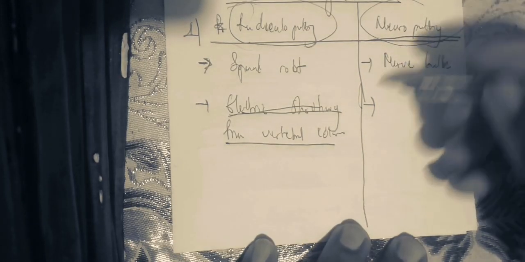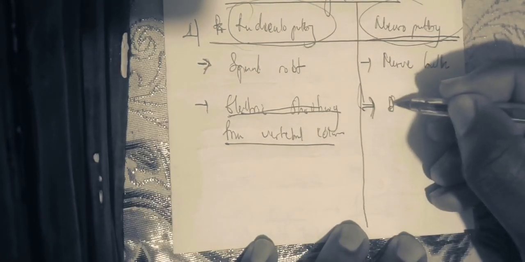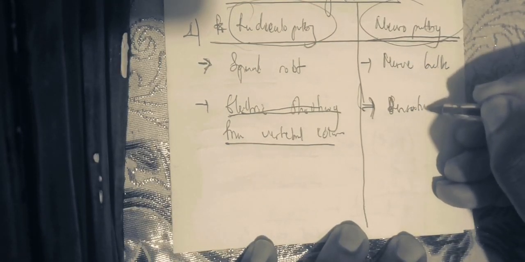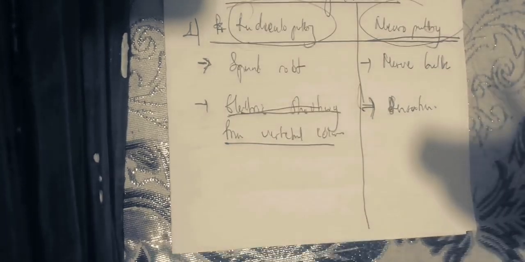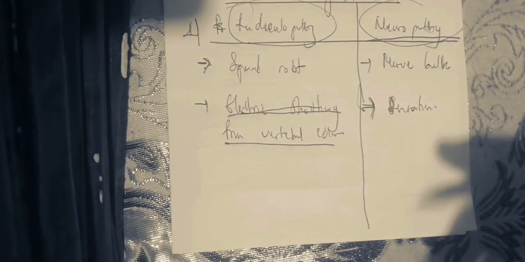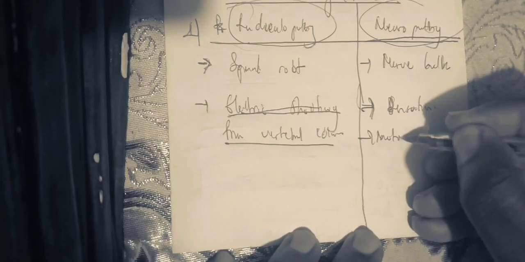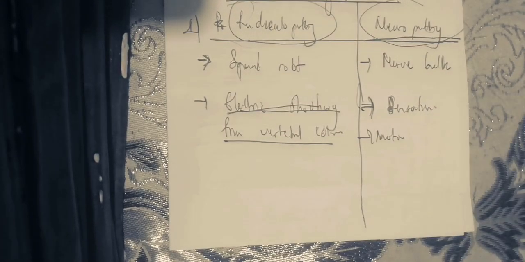But in neuropathy, you have disorders like sensation disorder that starts from the periphery and progressively goes toward the center, or a motor disorder that starts from the periphery and progressively goes toward the center. I hope you're understanding. So those are the elements that you have to know on radiculopathy and neuropathy.